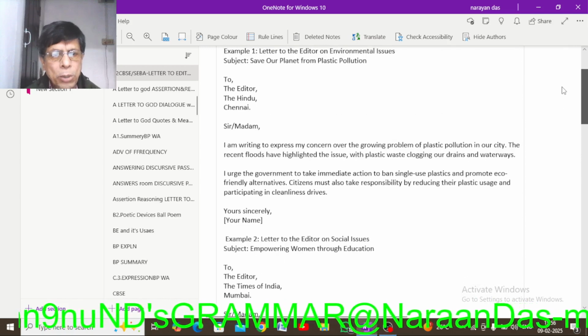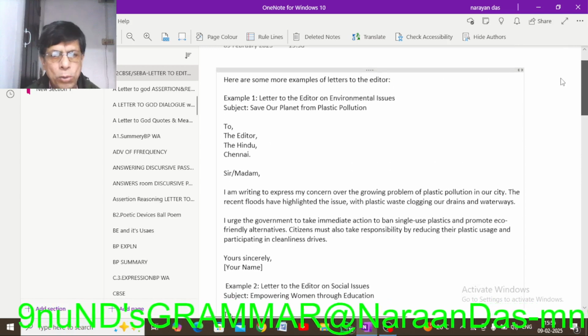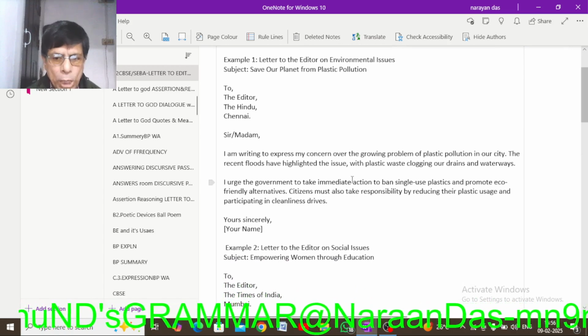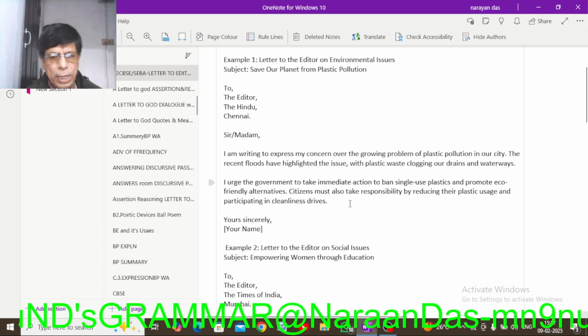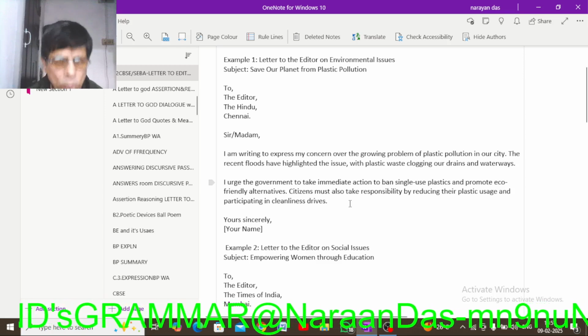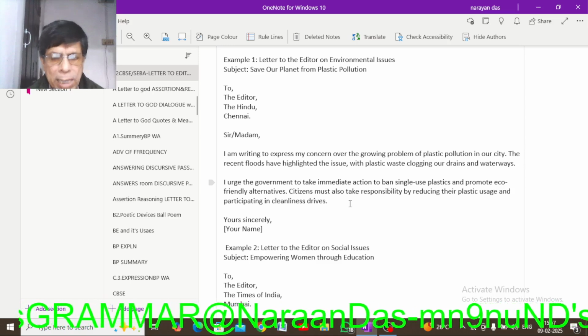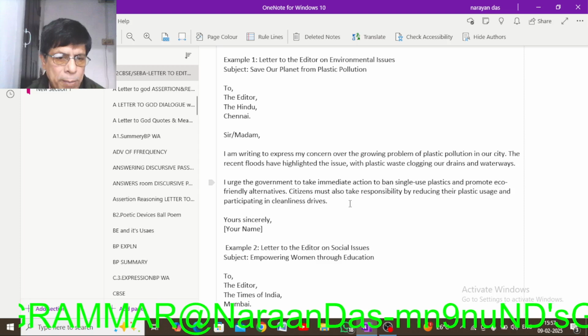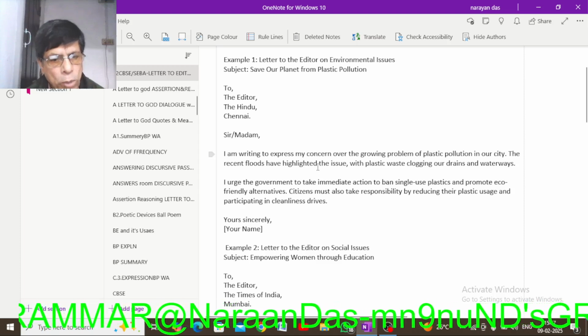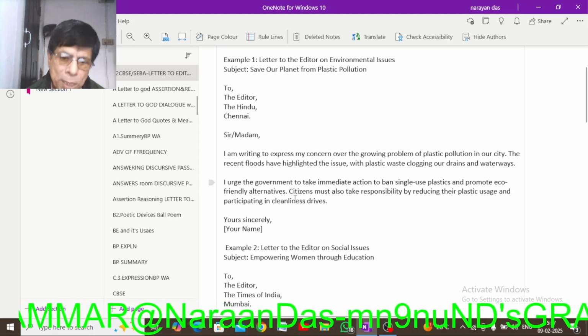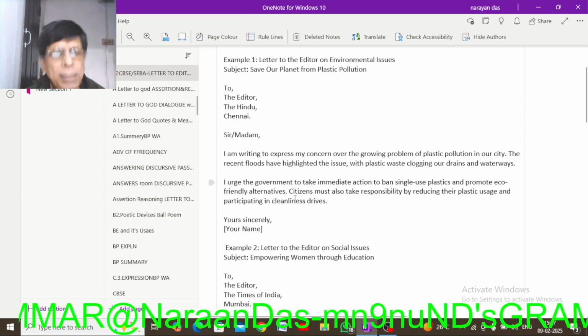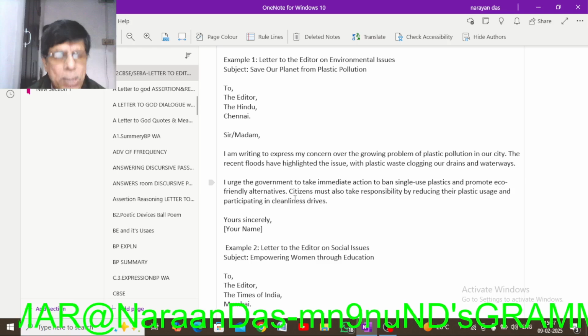So students, here are a few very important topics and letters to the editor which can help you to write. But here you have to elaborate the issue, discuss it a bit more. But this one is the structure and a direct letter. The first paragraph is the saluting paragraph, the second paragraph must be the discussion paragraph, and the third paragraph is your suggestion.